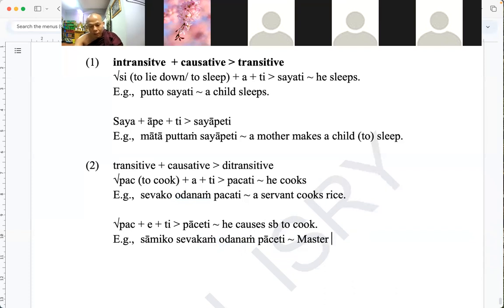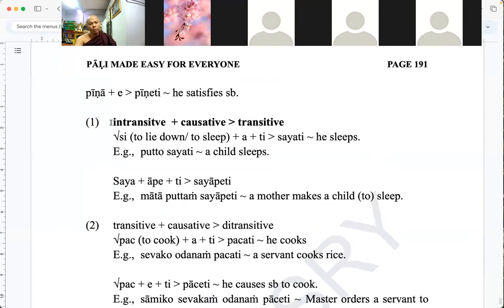So master, maybe order or commands a servant to cook rice. That is the meaning. So in this way, a transitive verb or transitive root or transitive verb base, by adding the causative suffix, it transforms into transitive.